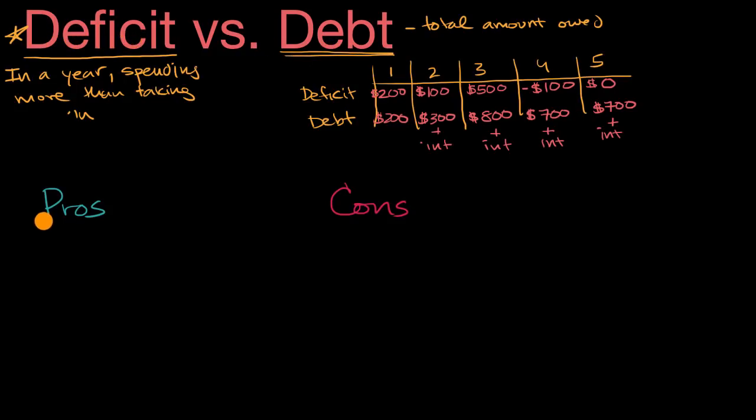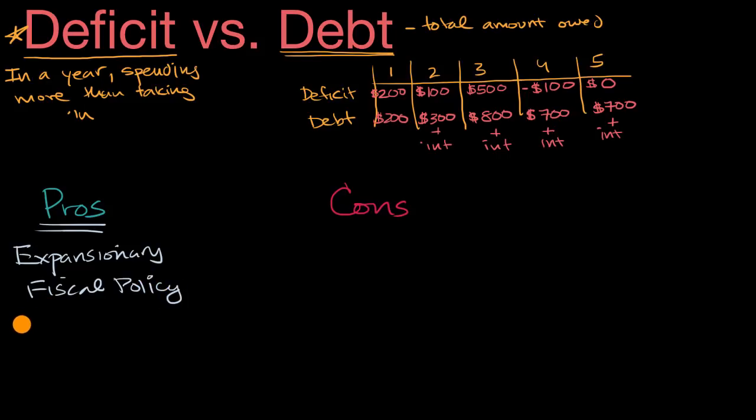Well, some of the arguments in favor of sometimes running a deficit, which will add to the debt, is that it allows a government to do counter-cyclical fiscal policy, or if you're in a recession, to have an expansionary fiscal policy, which we've talked about in other videos, often involves maybe lowering taxes and increasing spending. And that could allow the government to maybe make a recession less severe, which might allow everyone to be better off in the long run. And these things are all debated.